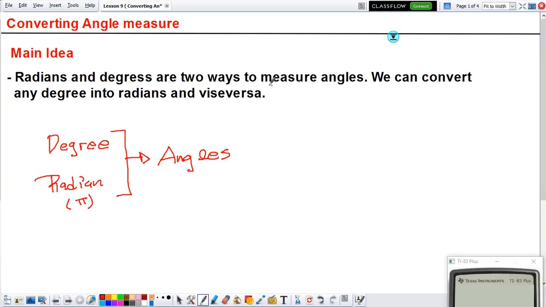We can convert any degree into radians and vice versa. So today we're going to see how we can go back and forth between those two measurements.